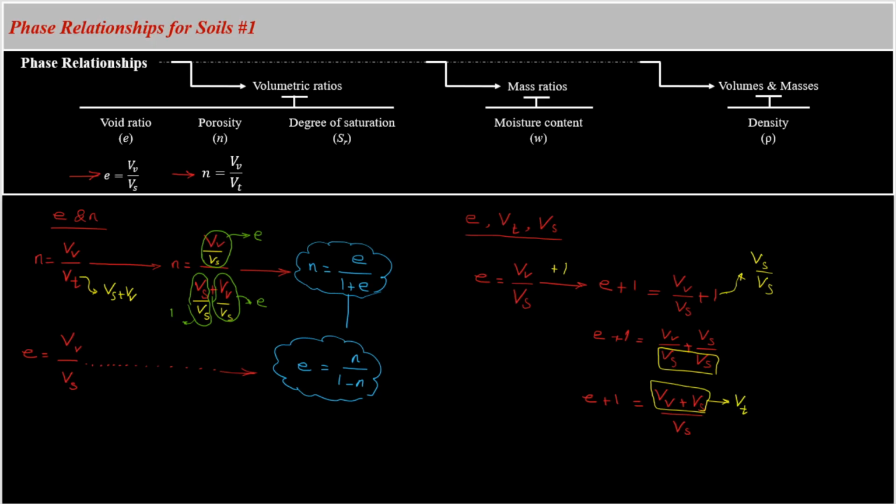So finally we were able to derive the equation that we wanted, that relates e, the total volume, and the volume of solids, which is e plus 1 is equal to the total volume divided by the volume of solids.